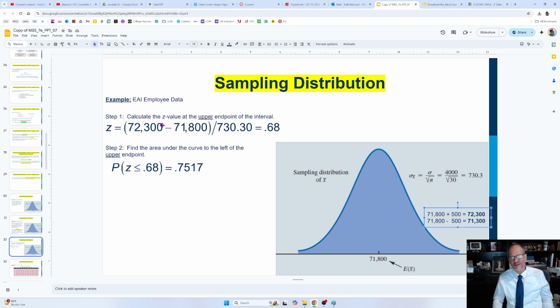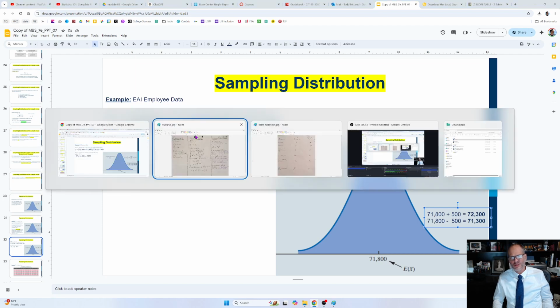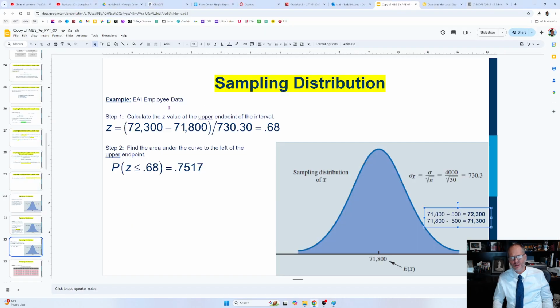So we take the difference from this point to the mean, and divide it by the standard error, the standard deviation of the sample mean, and we get 0.68. That's our z-score, and we're going to find the area under the curve to the left of the upper endpoint.